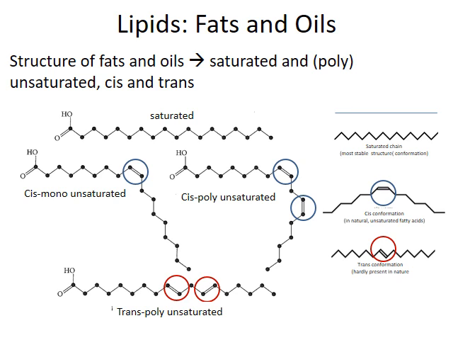When we look at the trans unsaturated bond, you see in the red circles that although there is an unsaturated bond present, it has no effect on the structure of the fat and oil. So the trans unsaturated structure is equal to the saturated structure. Only the cis unsaturated structure has a different structure. It has bends in it. And this is very important to understand.